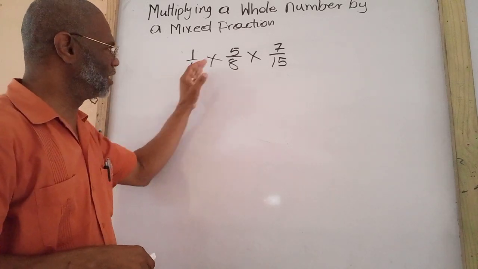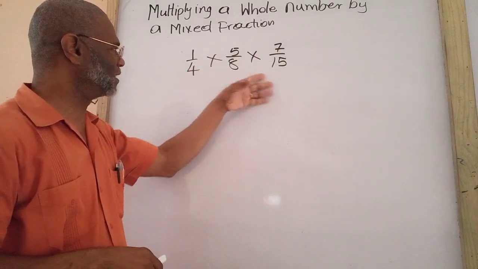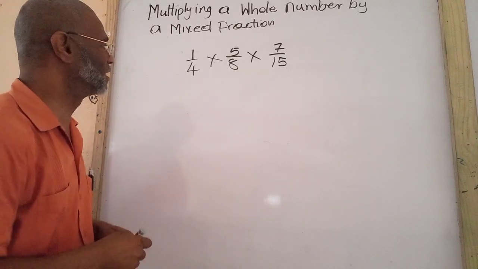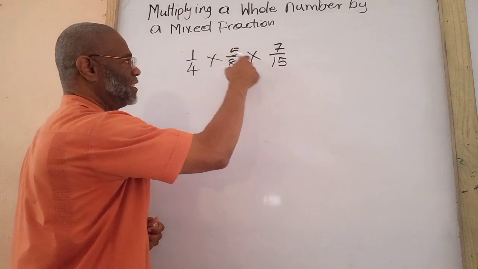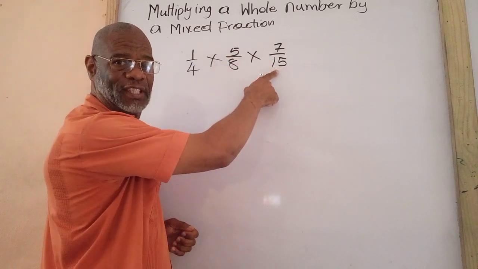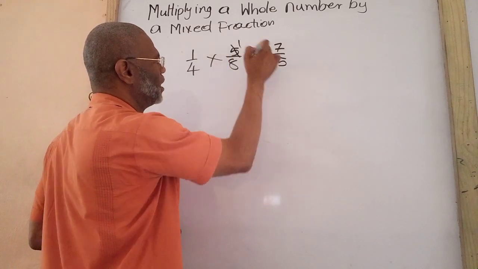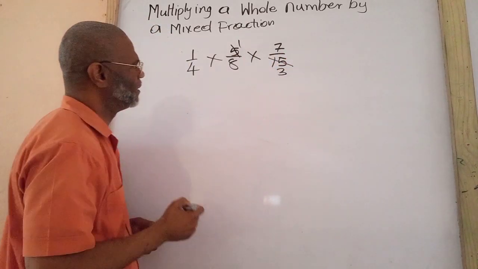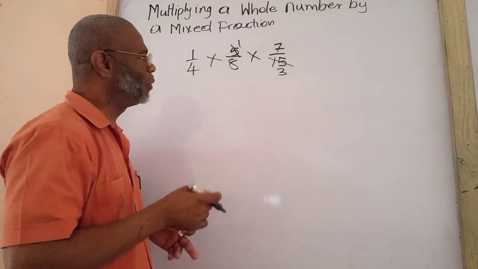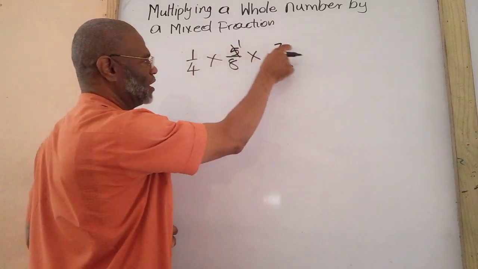Let's look to see if we have any common factor. We can cancel. We have 5 and 15, right? 5 is a factor of 15. So 5 into 5 is 1, 5 into 15 is 3. Is there anything else common? No.